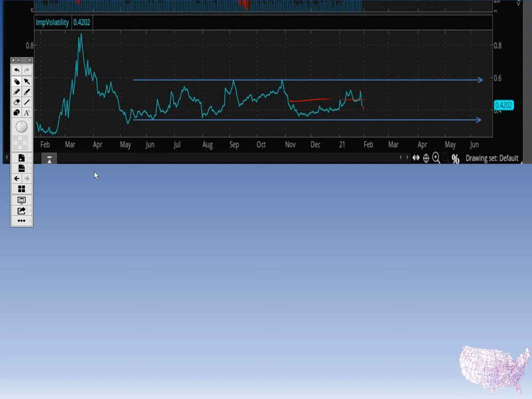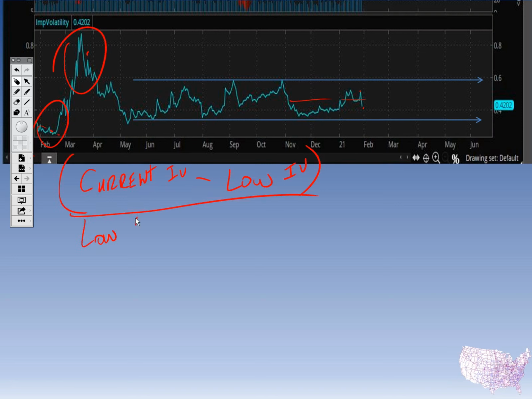But if you want to dig into that detail and know the exact number and want to discount this, because the platform will include those, so if you want to not include those, take the current implied volatility minus the low implied volatility, and take that and divide it by the high IV minus the low IV. I don't want you to get a negative number here.